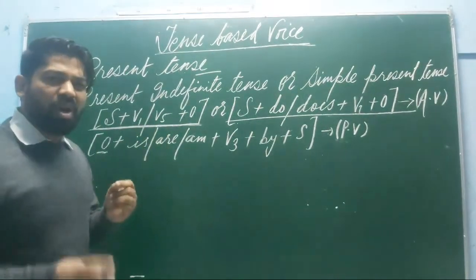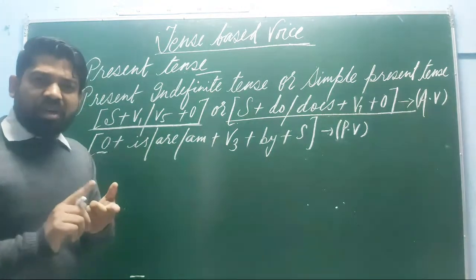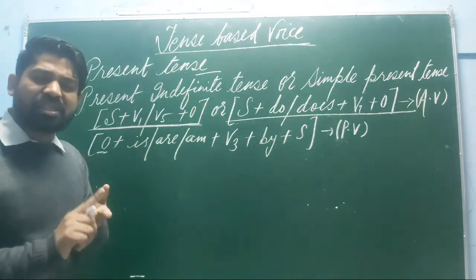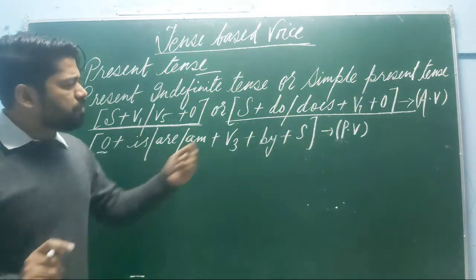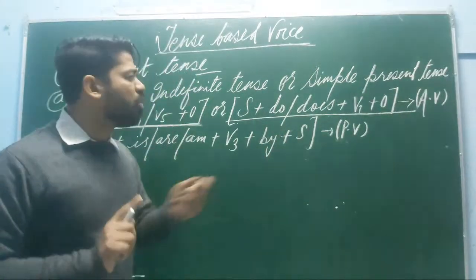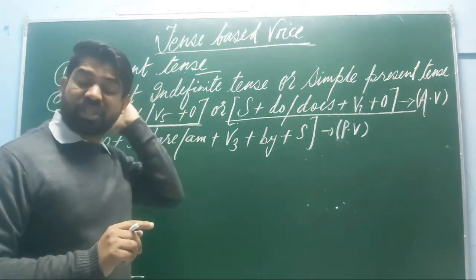As you know, with the simple present tense we use do or does. Does, I think, is the singular form and do is the plural form. So does will be used with the third person singular number, and you are all aware of what comes in third person singular number.